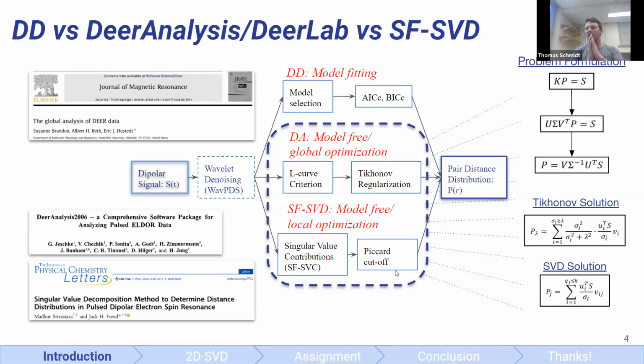Now you know all the magic behind it. I have a protein, put a label on it, get my DEER trace, and I can convert the dipolar evolution trace to the dipolar spectrum, and get my population P of r, thanks to those three methods.